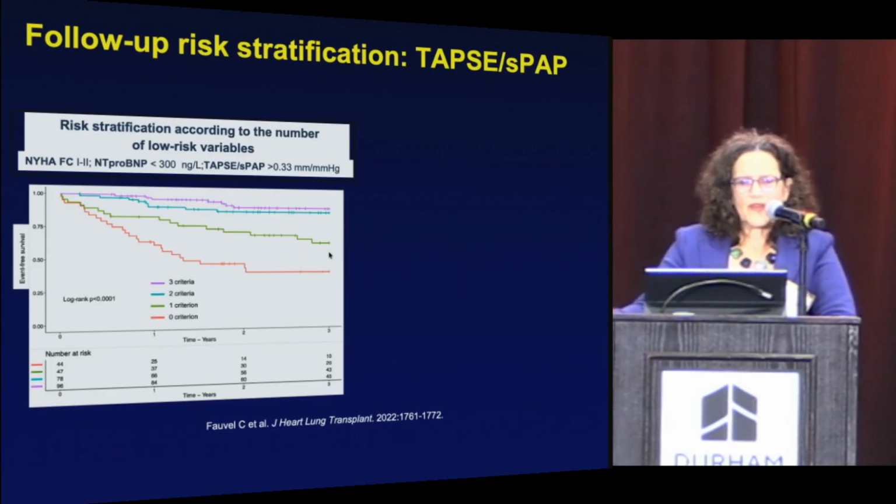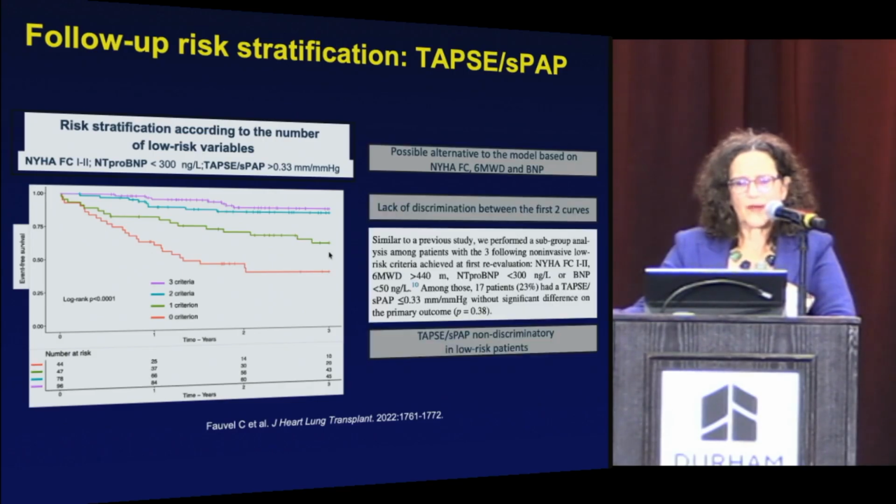A lot of people are falling in love with this ratio of TAPSE versus systolic PA pressure. And in this study, it's led by a French author, but it's an international study. They found that this was helpful. It's now made it into the European risk table. I have to say that I'm not 100% thrilled with this measurement.